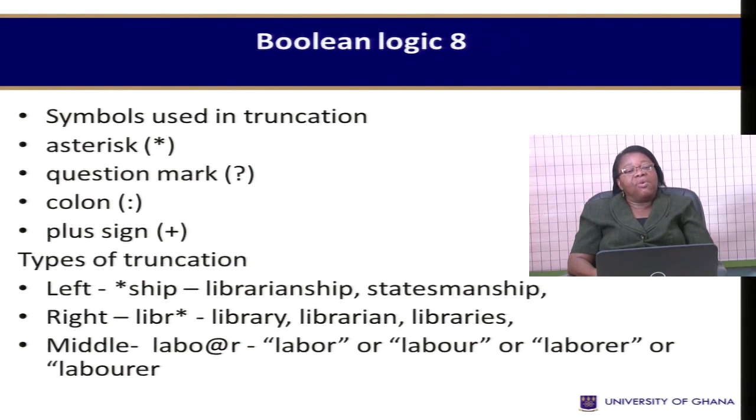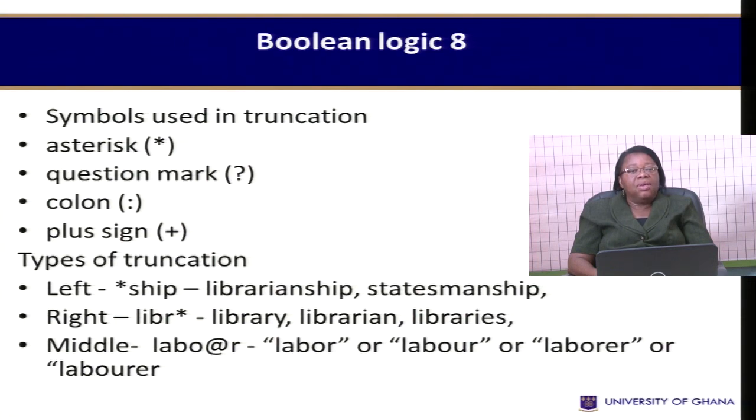Then we have also what you call the middle truncation, where we have another symbol representing it. Usually these are supposed to come out with different spellings of a particular word.